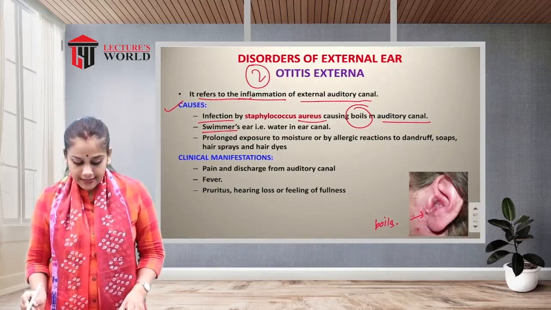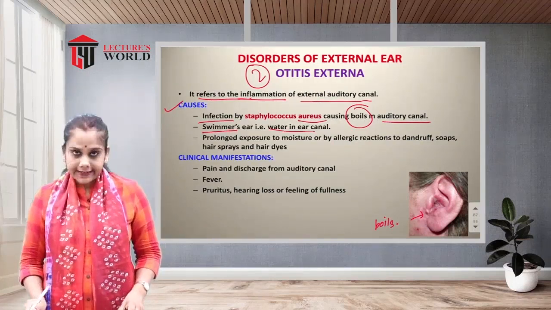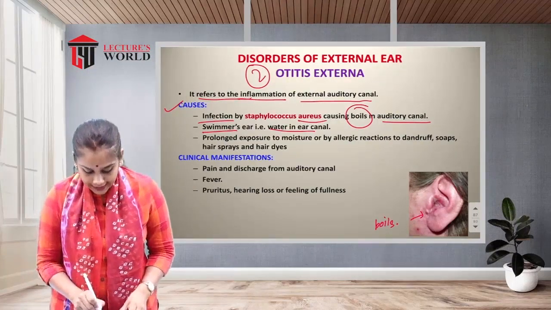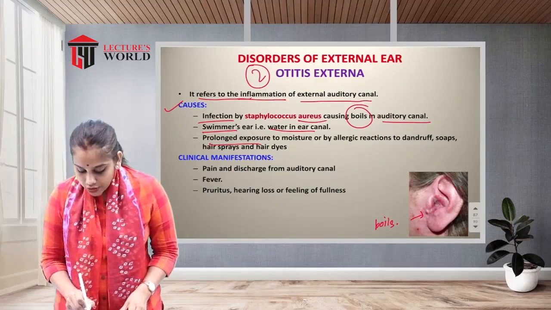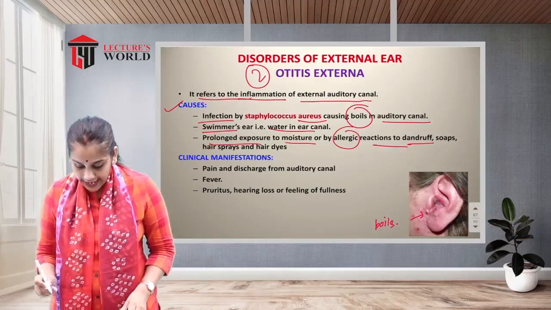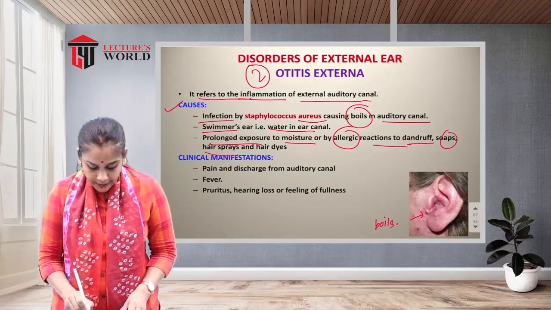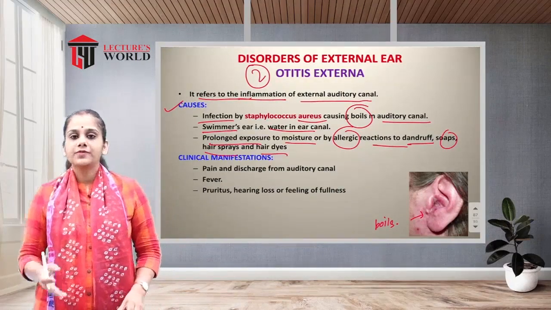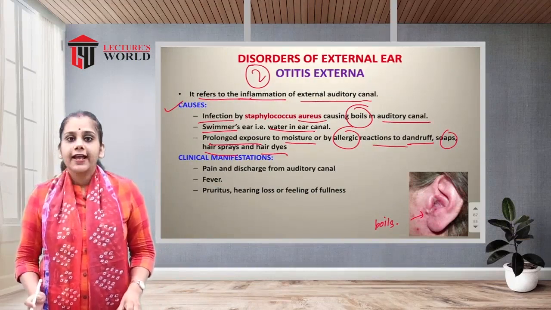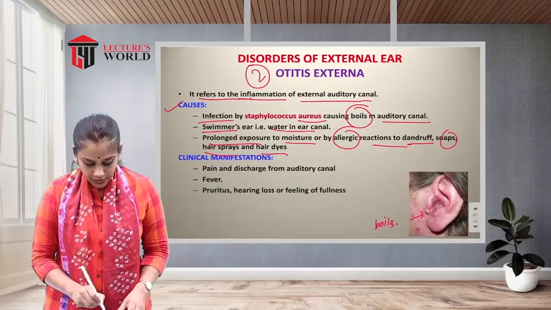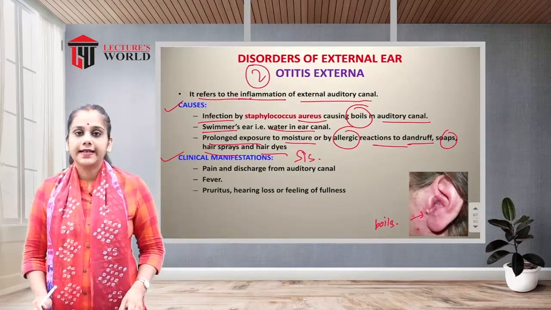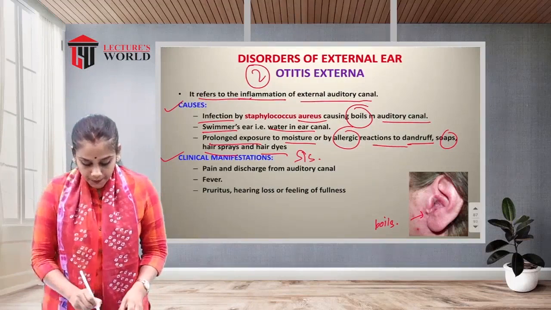Then swimmer's ear, because of water in the ear canal, that can cause infection or inflammation of the auditory canal. Then prolonged exposure to moisture, or an allergic reaction to dandruff, soap, hairspray and hair dyes. Because of these chemical products it can also cause infection or inflammation. Now, which are the signs and symptoms, or we can say clinical manifestations?